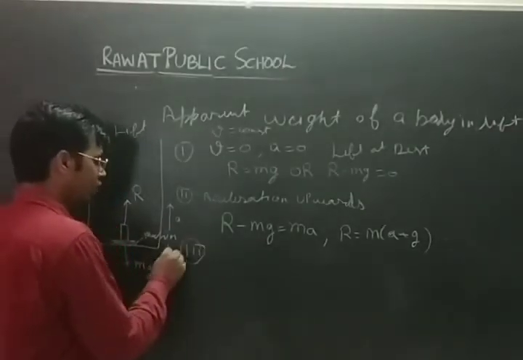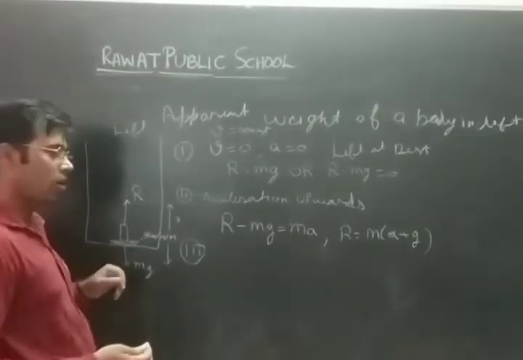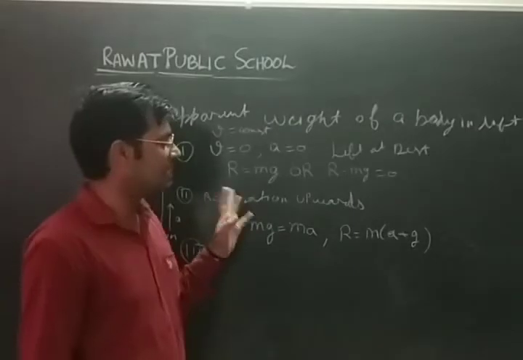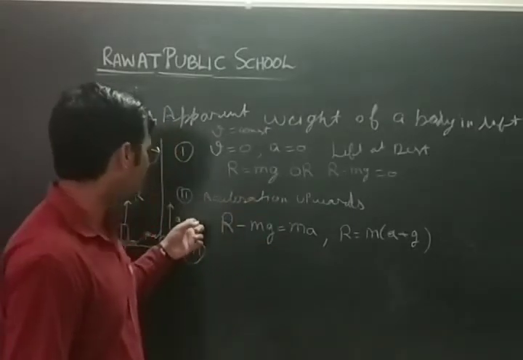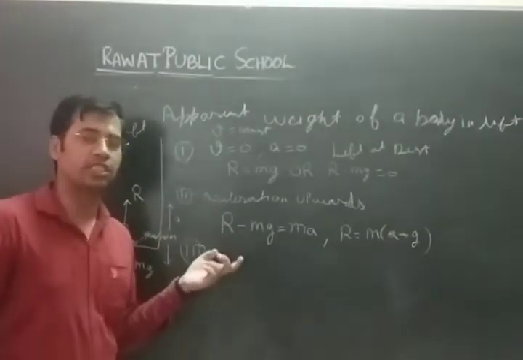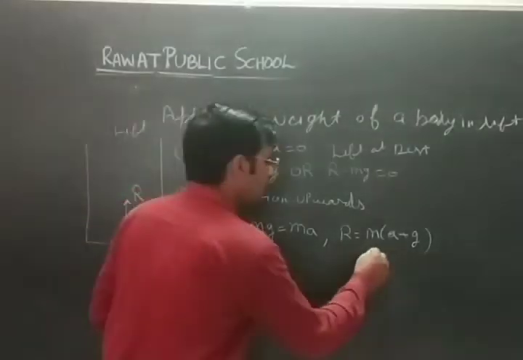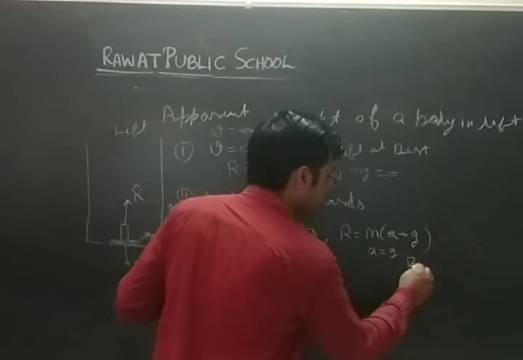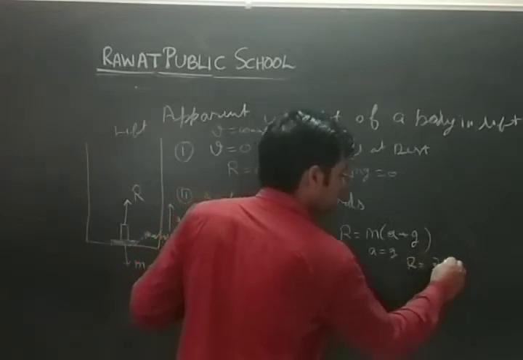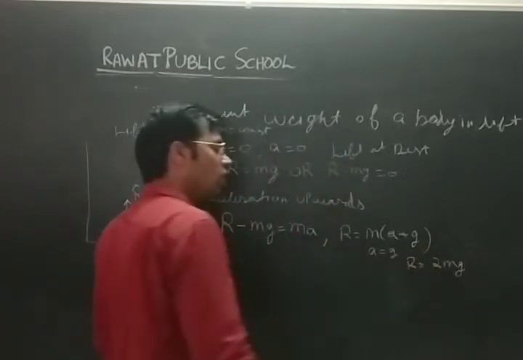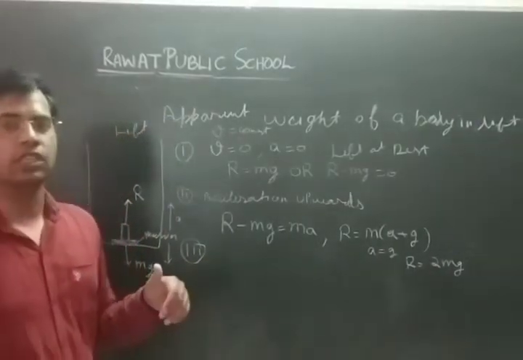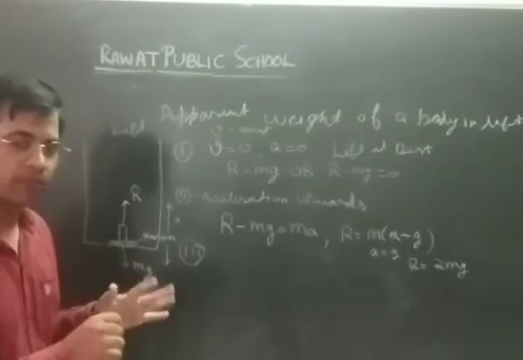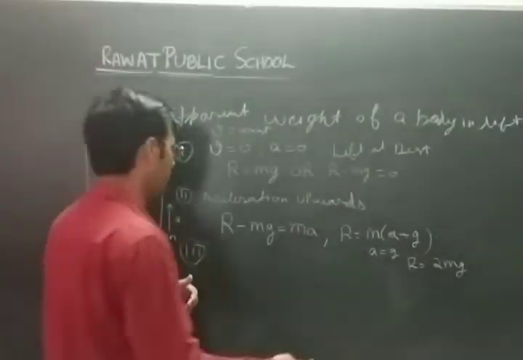We can even expand this second case: when the acceleration of the object is equal to the acceleration due to gravity, that is a becomes equal to g, then R is equal to twice of mg. That means the apparent weight of the person is twice the original weight of the person. The apparent weight of the object will increase.